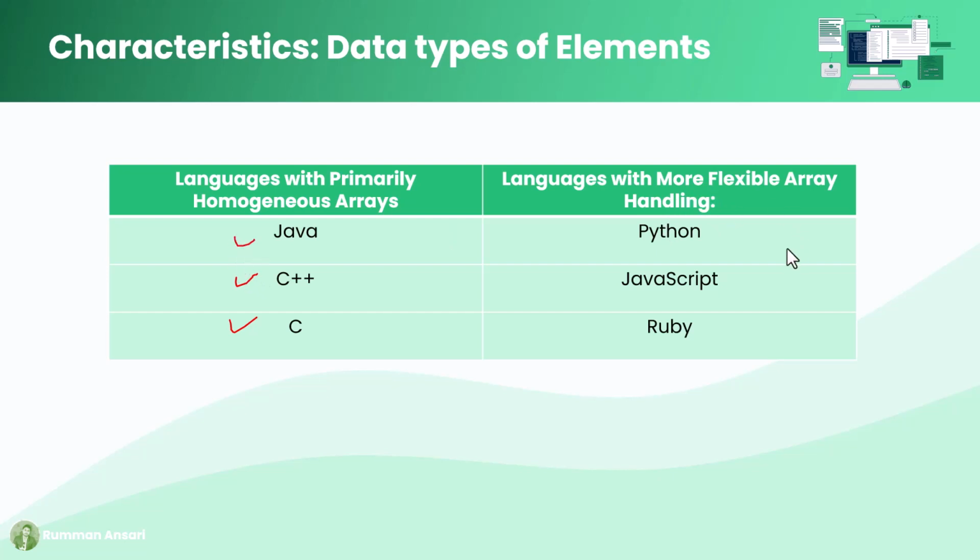And modern programming languages are more flexible in array handling. For example, in Python you can store heterogeneous data, right? In JavaScript you can store heterogeneous types of data, in Ruby as well.